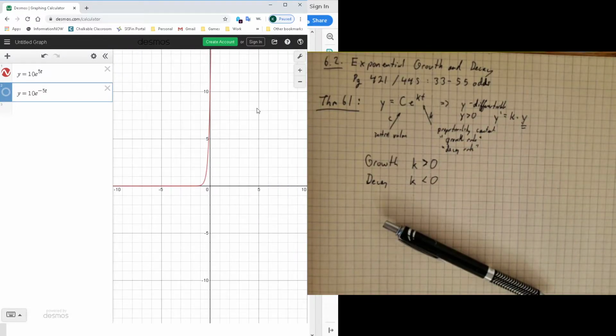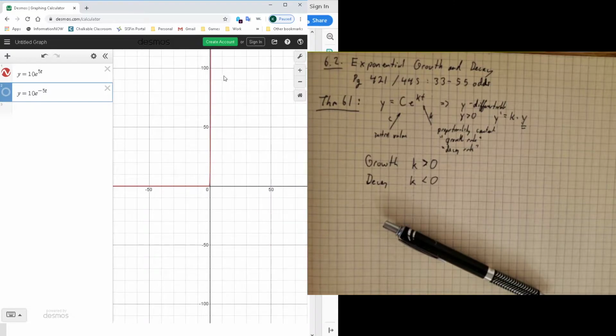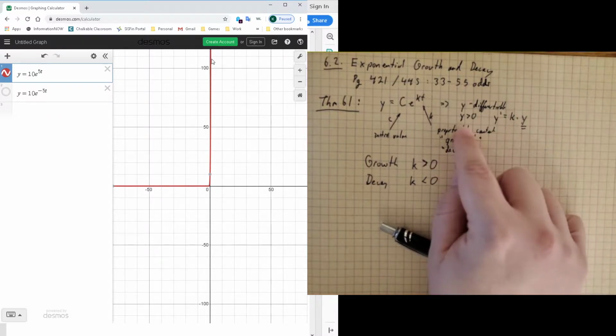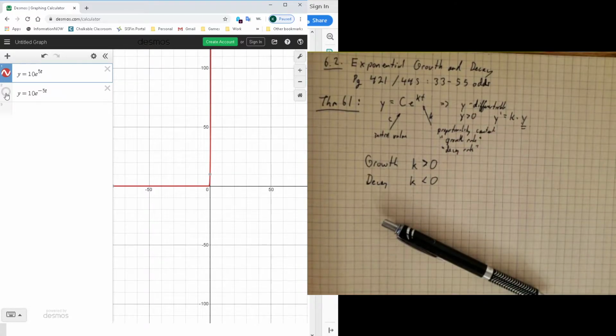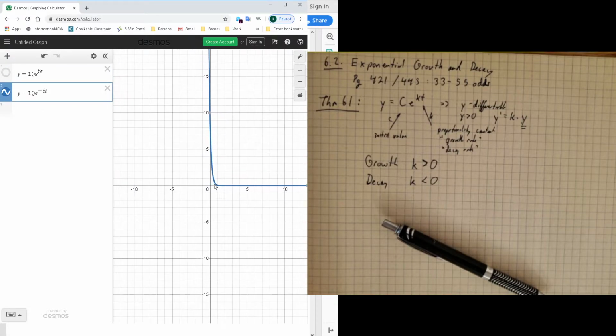As we continue along this graph, it begins to shoot upwards very quickly, reaching a number in the hundreds in a very short period of time. This is referred to as exponential growth because this function is growing at a rapid rate. Whereas decay is the other end of the spectrum. It starts off very large here in blue, and then quickly descends to something very tiny over time.